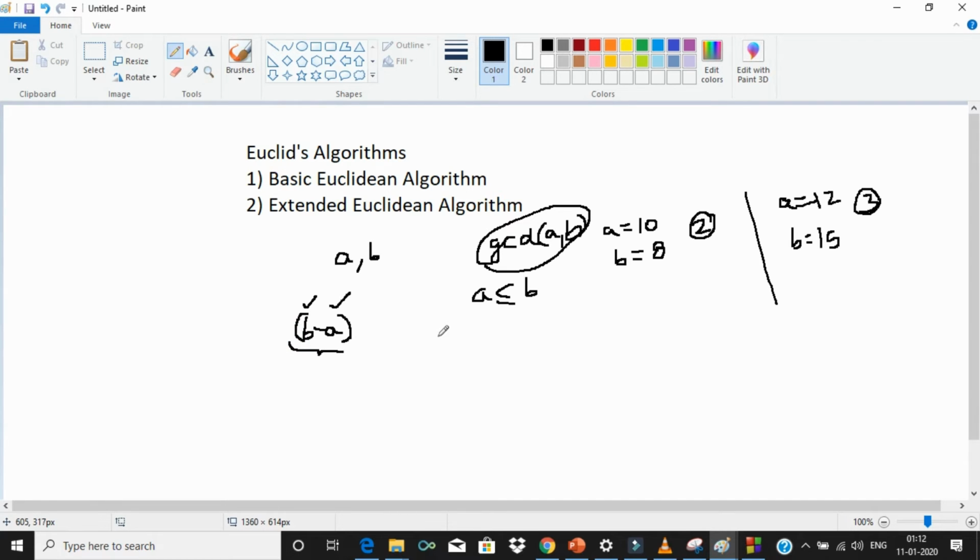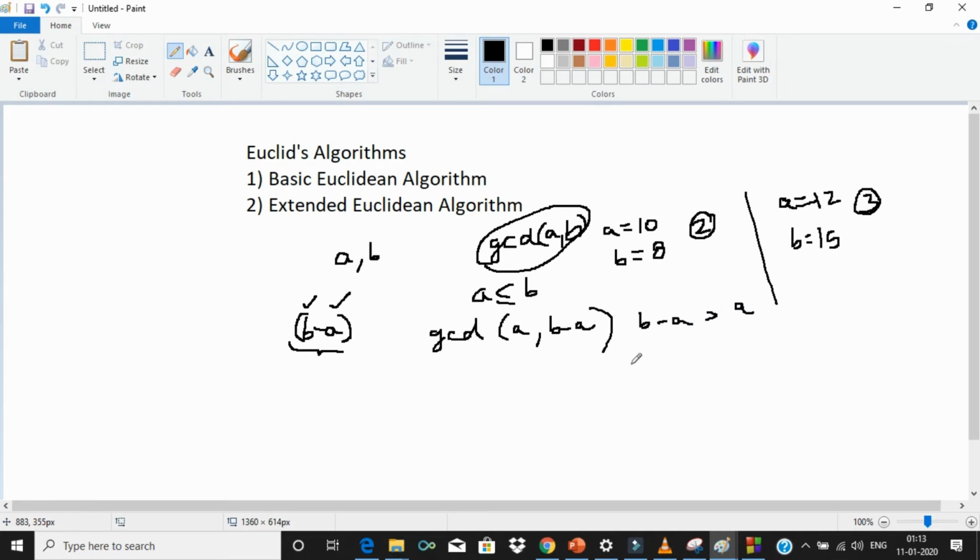So we can call the function GCD for a comma b minus a, if b minus a is greater than a.